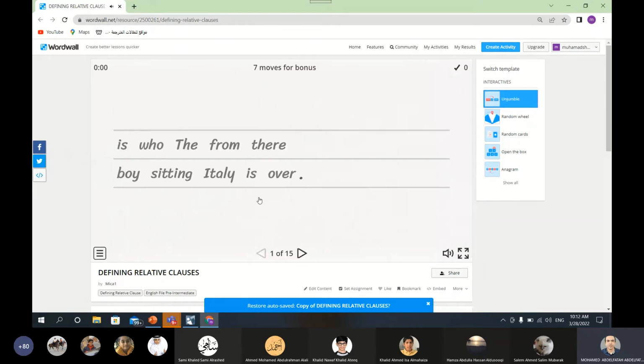Here, students, what you have to do is put these words in the correct order to make a complete and meaningful sentence. At the beginning, I will read the separate words, and you have to think and find out the correct order of these words to make a complete and meaningful sentence. Let's start with number 1.